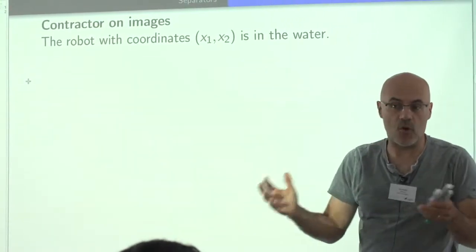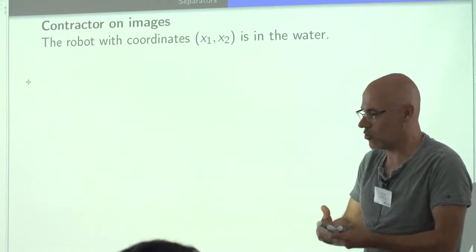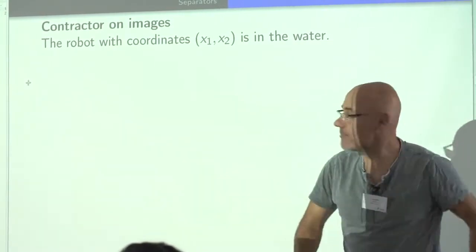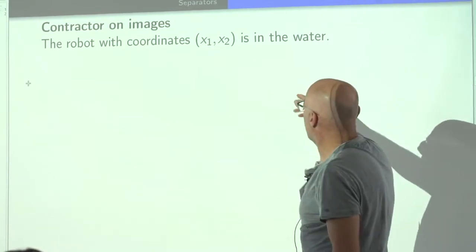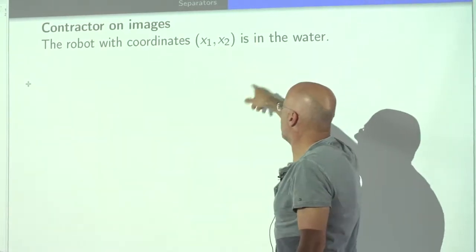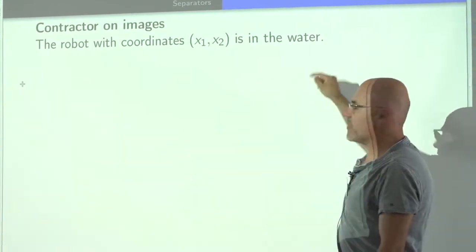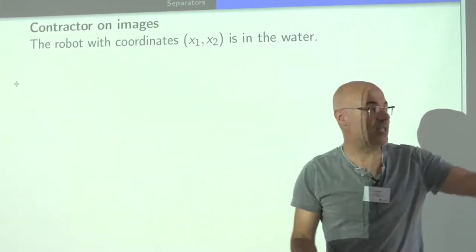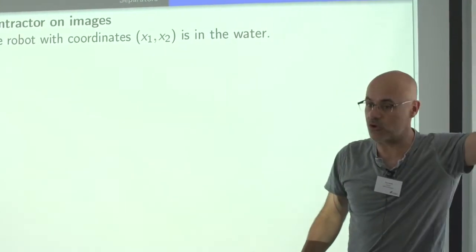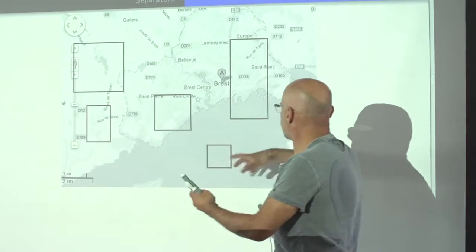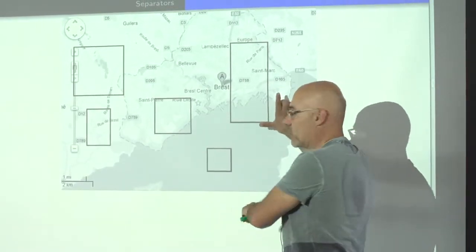But I may have some other information that can be cast into the form of a contractor. For instance, if I have some database, and I know that a robot with this coordinate is inside the water. It is information that is not translated into an equation, but I need a contractor for this. So from an image like this, I have a box for x and y.